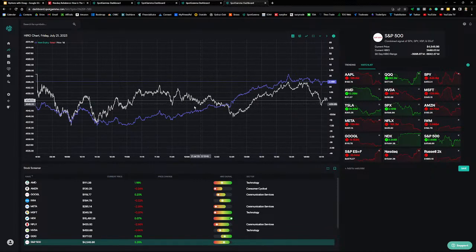And remember, this line here is pretty strongly influenced by that rising line in SPX, the call buyers in SPX.